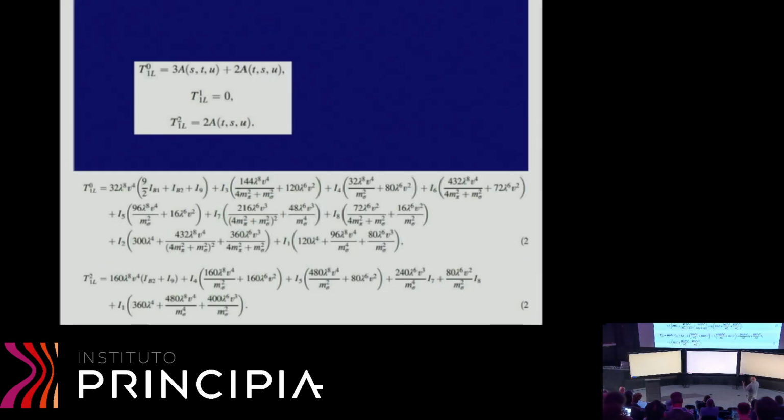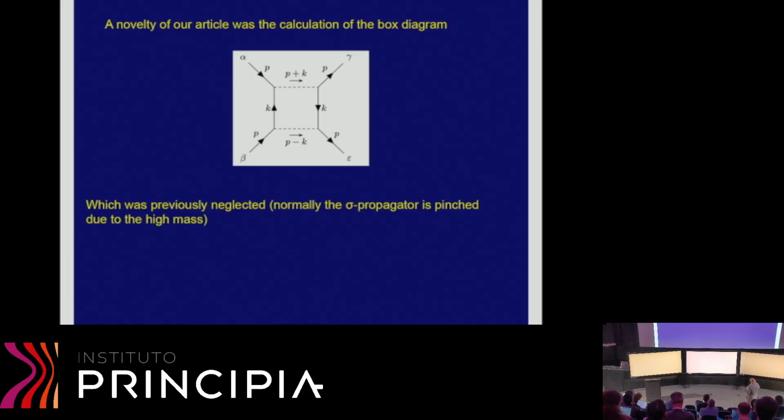And these are the results. It turns out that we find projections of scattering amplitudes only in the isospin 0 channel and the isospin 2 channel. There is no projection into the isospin 1 channel. It is what it is. I emphasize this because the box diagrams are naughty diagrams, quite difficult to calculate.